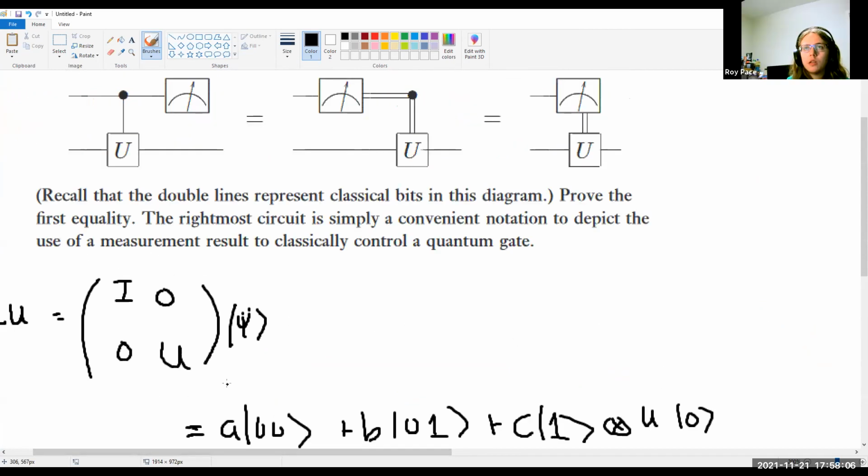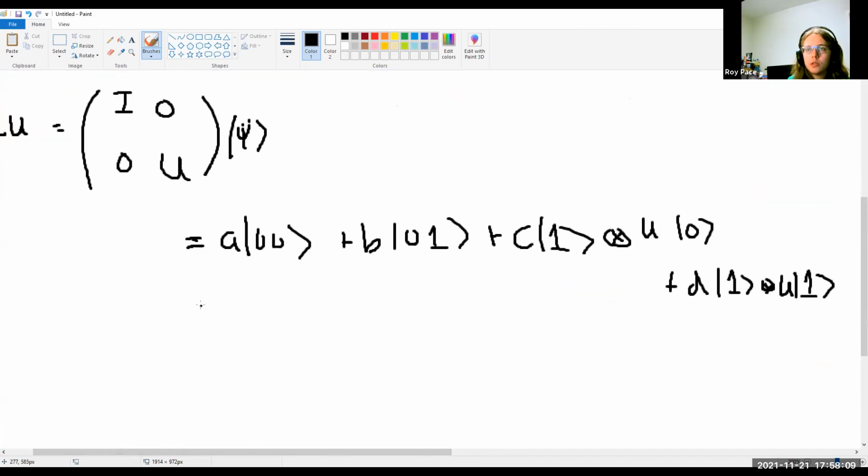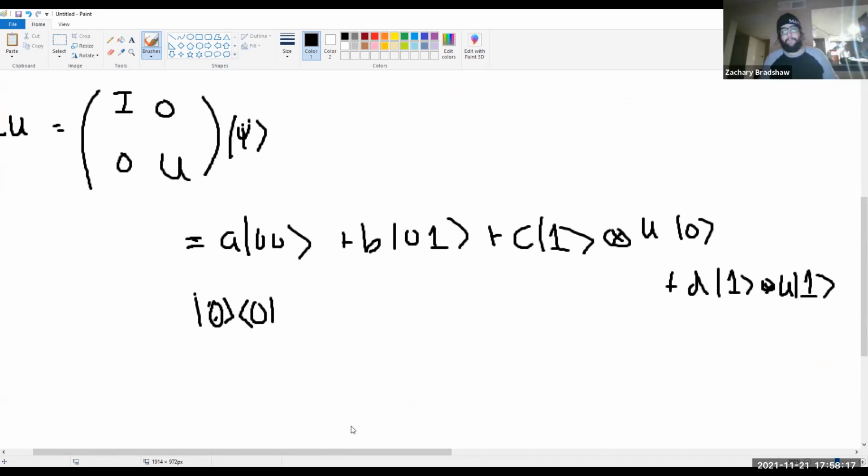So then we apply the outer product, right? I think it might be easier to just argue what the resulting state is.